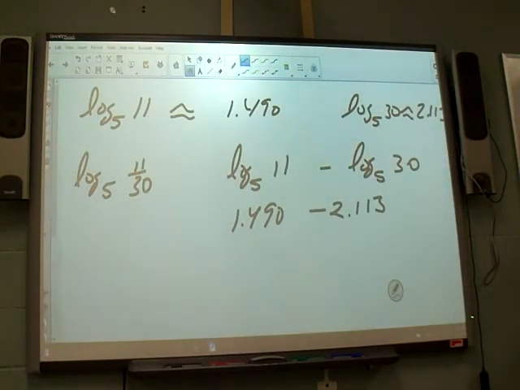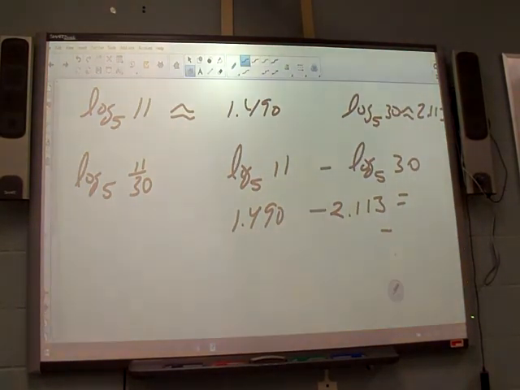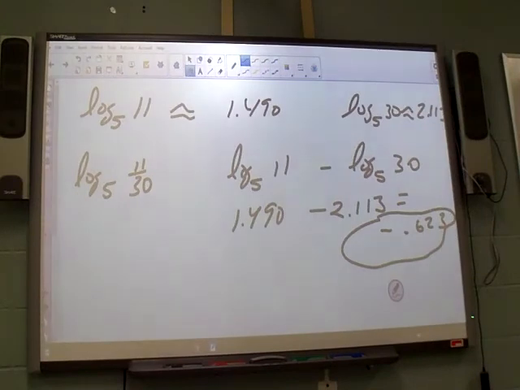Then I'd subtract that and get negative 0.623. So that's how this goes with this lesson.